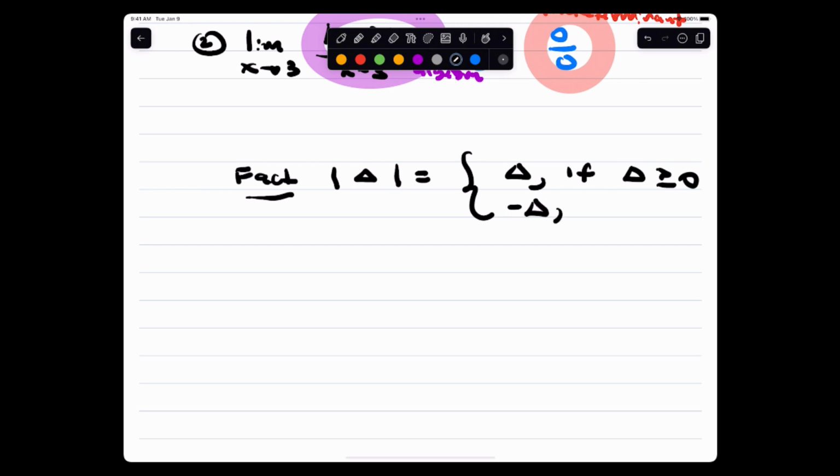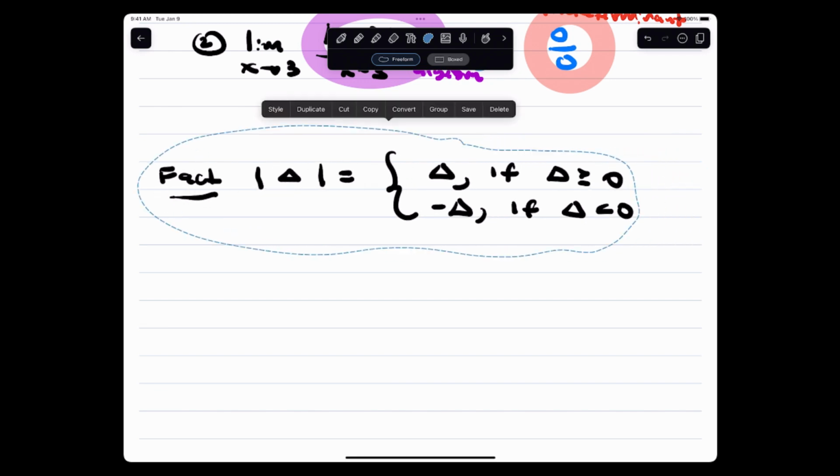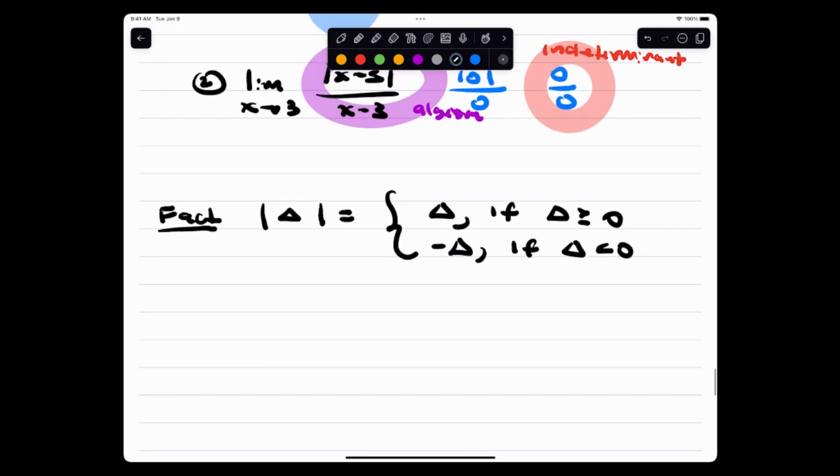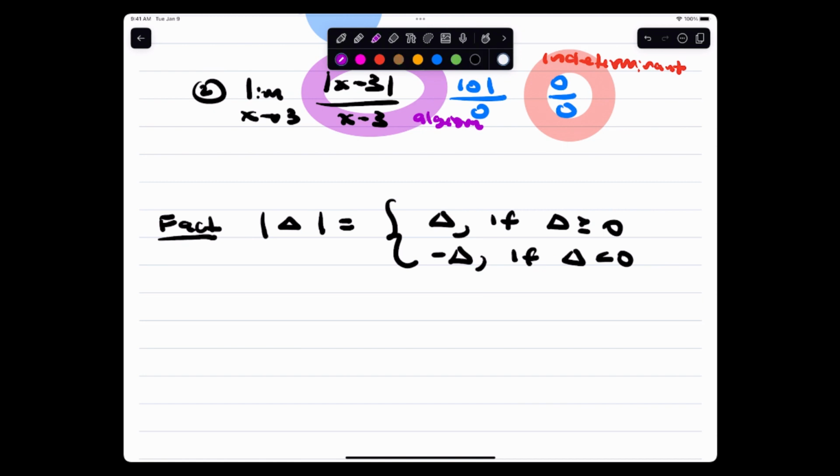It's the opposite of that if what you have there is less than 0. So this is defined piecewise.